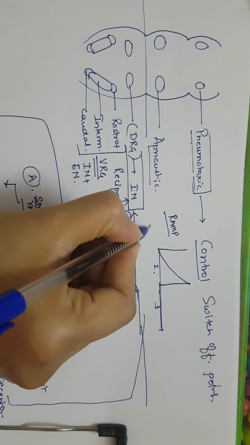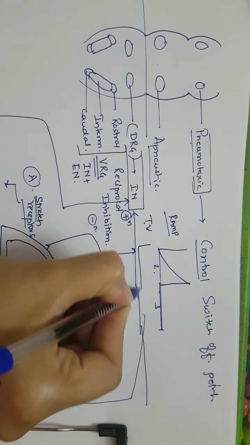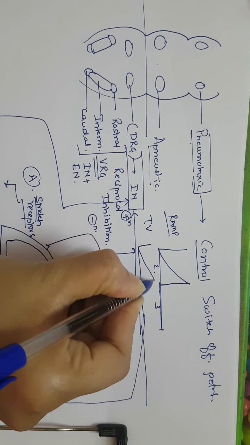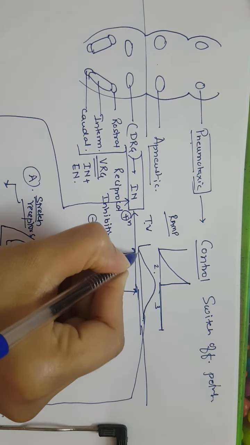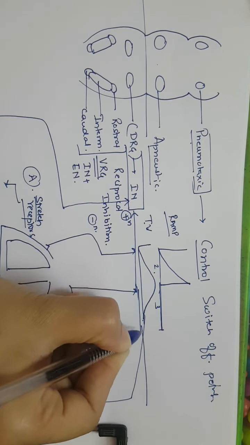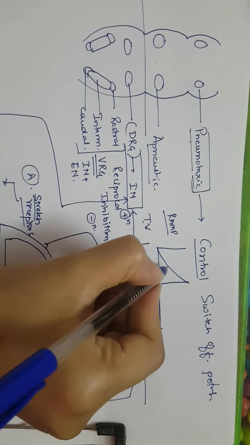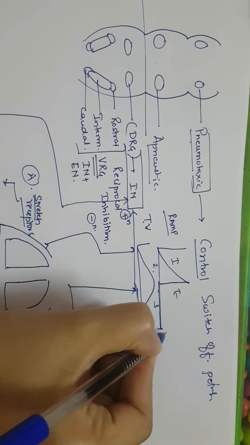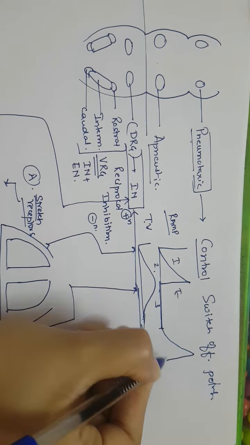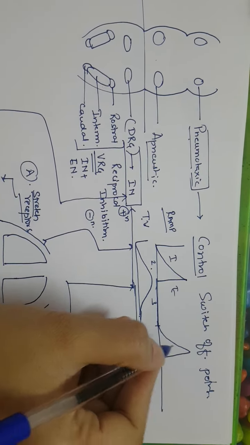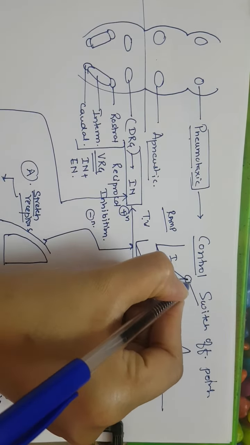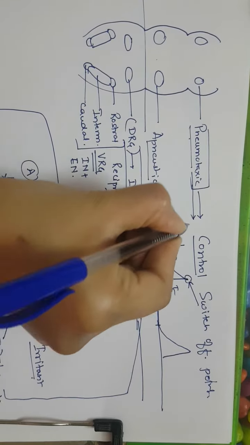If you correlate it with the tidal volume, it will be like this. So this is air entry and air exit. Okay, so this is inspiration and this is expiration. Again inspiration followed by expiration. Now this point is controlled by pneumotaxic center.